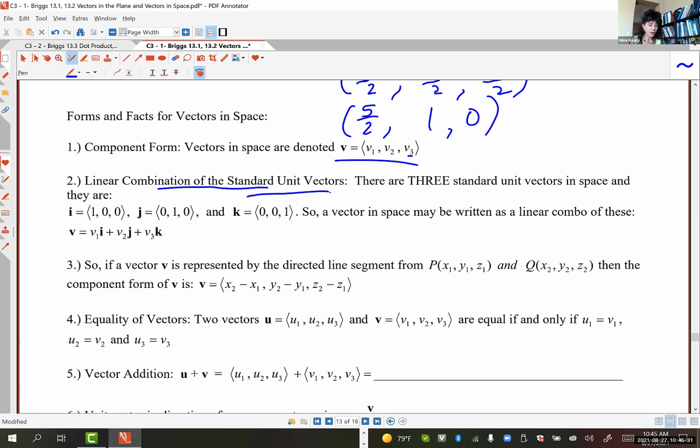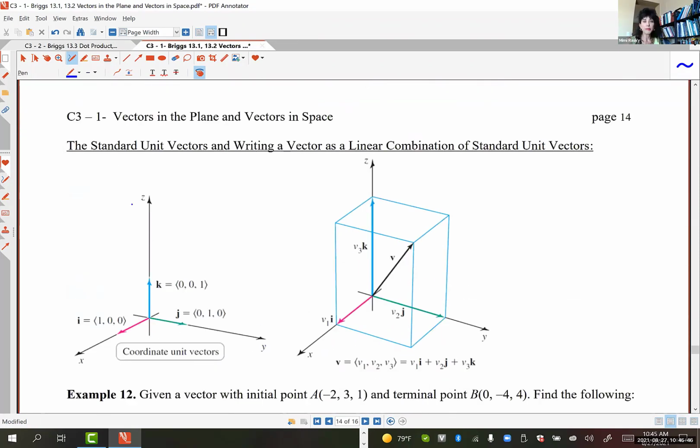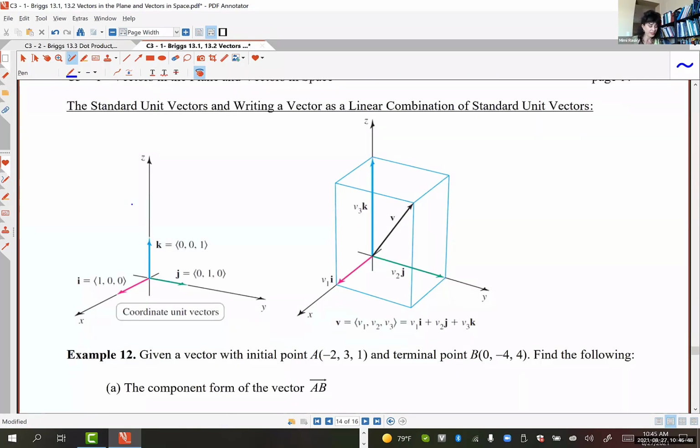So when you do the linear combination, you have to take into account we have a third standard unit vector. What do you mean? We've got one called K. And also the I and J get changed up just a little bit because they're now embedded in the 3D coordinate system. So that means they have 3 components instead of 2. So the I is 1, 0, 0.